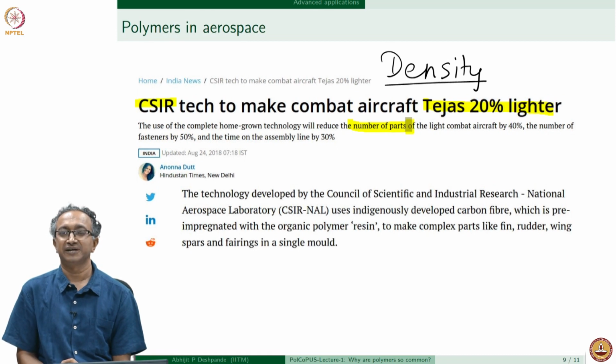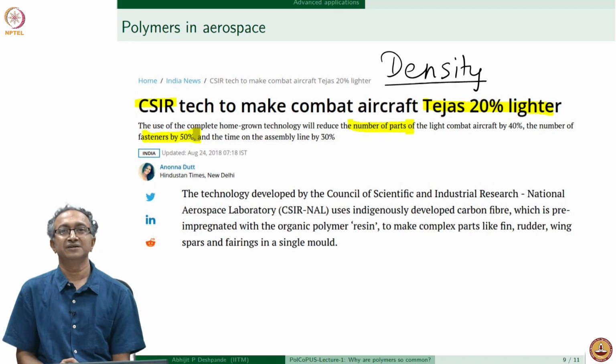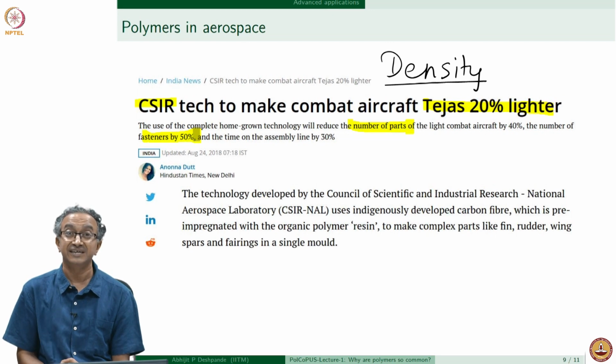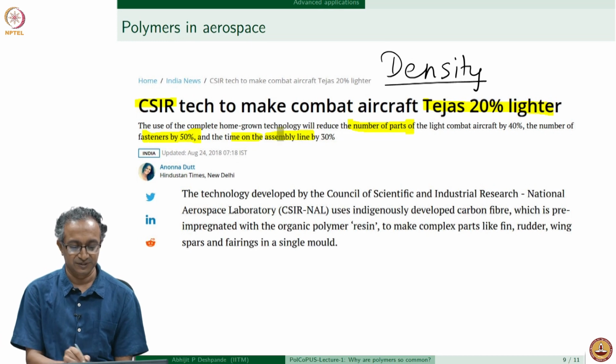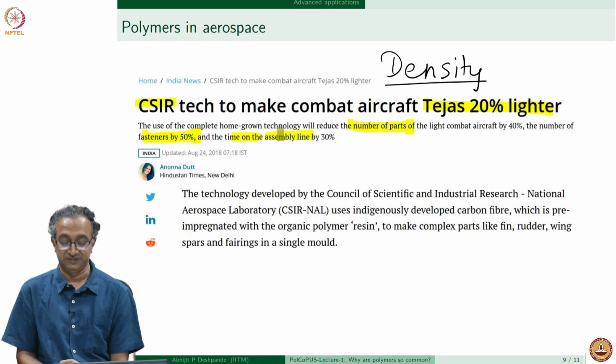As I said, ease of fabrication with polymeric materials. If we don't join, then fasteners are not there, joints are not there, and mechanical properties are weakest at the joints. So that is prevented. And then you can also reduce the time on assembly. So these are all the unique advantages of polymers that can make a fighter aircraft economical as well as efficient.